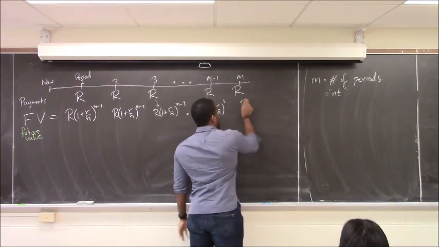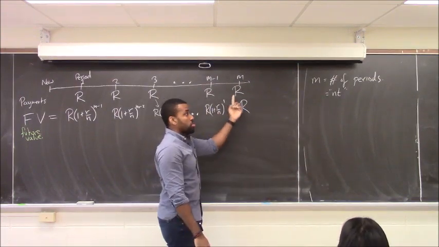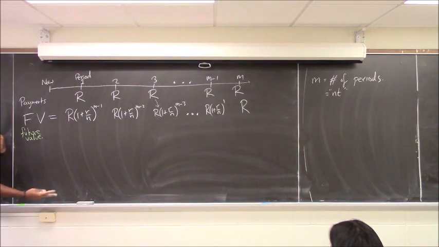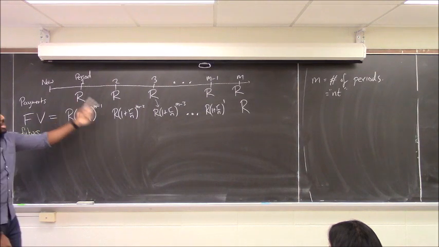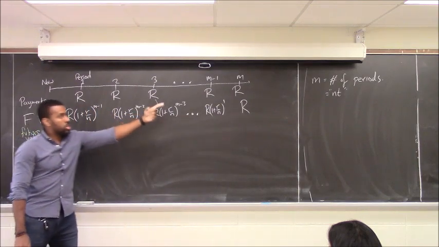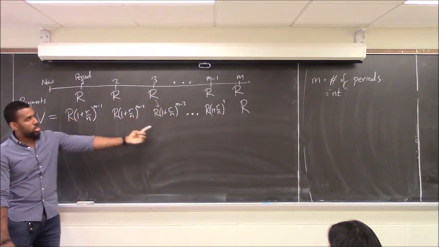This last one doesn't get hit with interest because it would have been hit with interest starting the next time. So that's what the sequence of payments are going to look like, at least that's what they're going to build up to eventually. The very first payment I make gets hit with interest in all future periods, so that's how they all line up.